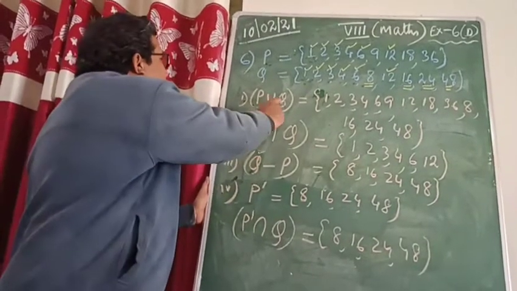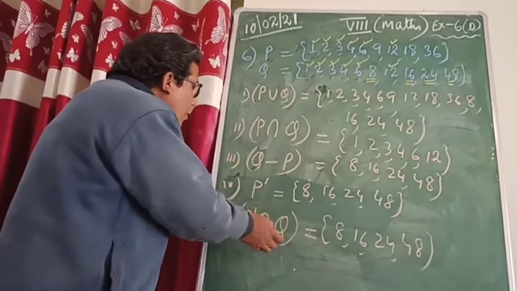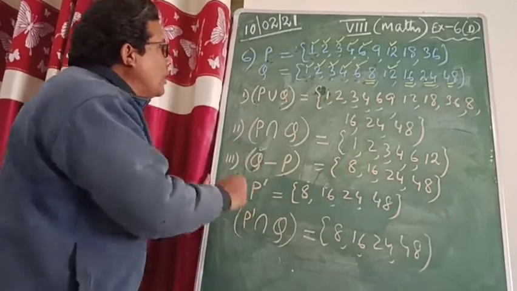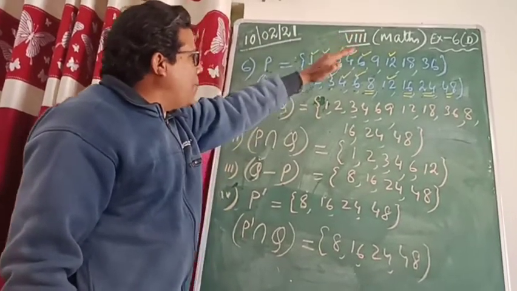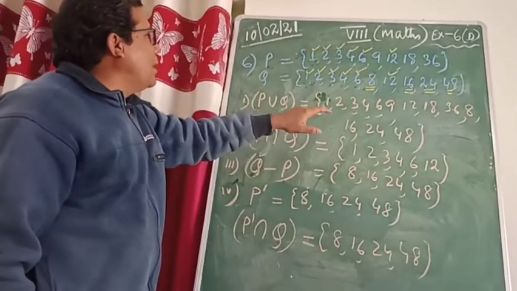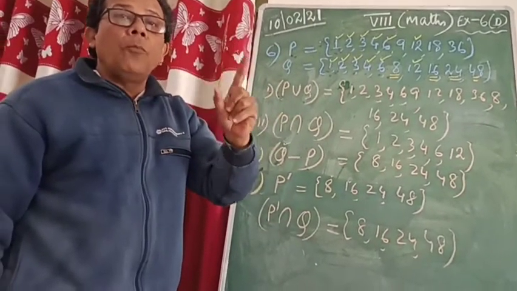So here, P and Q union, all the elements, you got it. Whenever you are going to find the P complement, you see the elements which are present in P union Q except the elements of P, and they are called P complement.